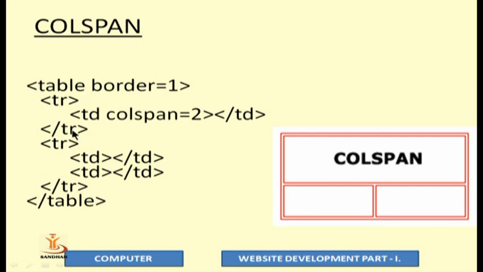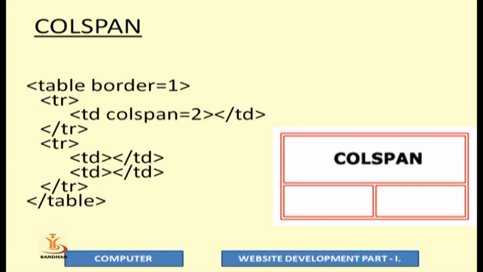But in these rows, now see, when you look at the second line, in the second line you are able to see two different cells. So I have put TD slash TD, TD slash TD. But for your first row, in the first row you have one cell only, and that cell is merged with the adjoining second cell.